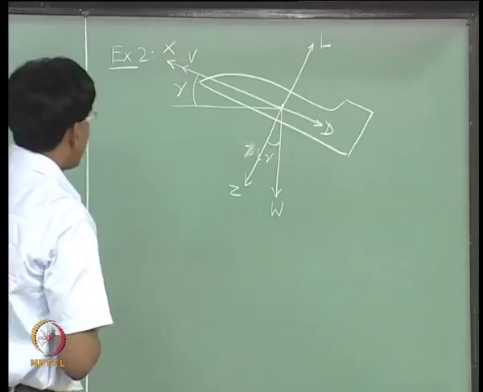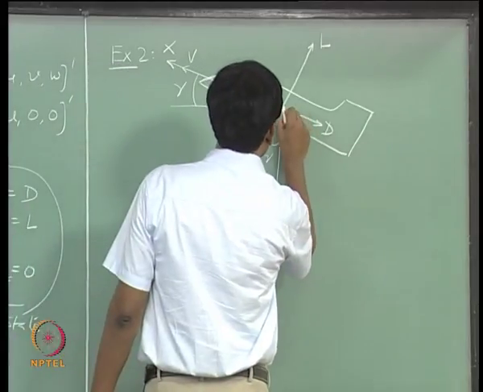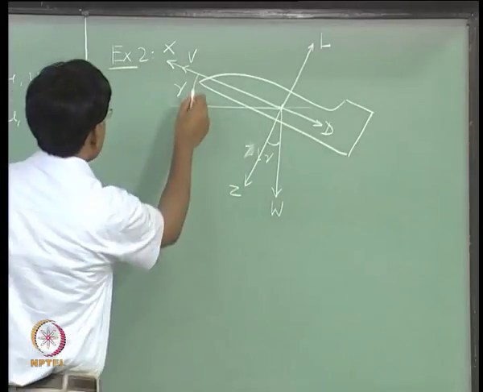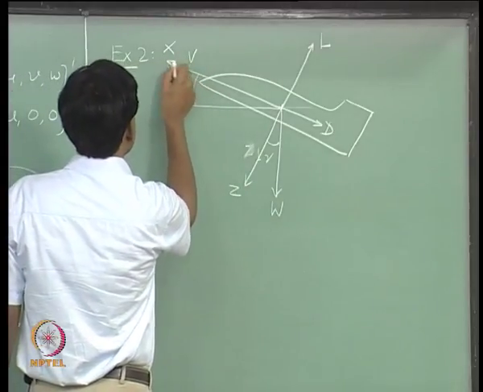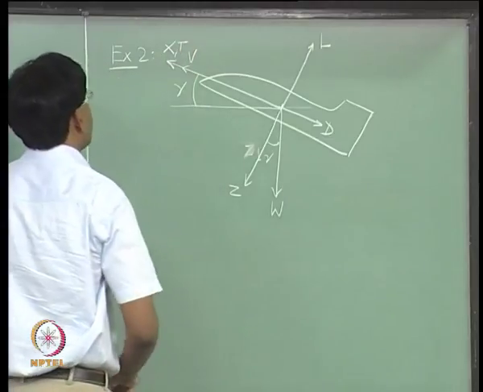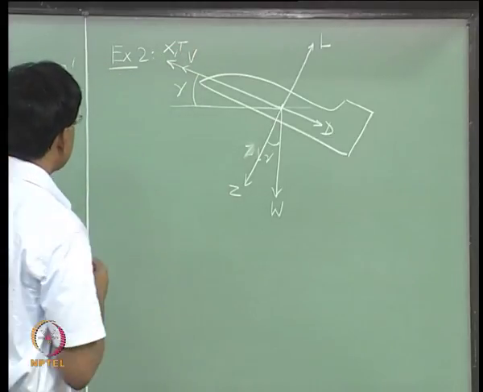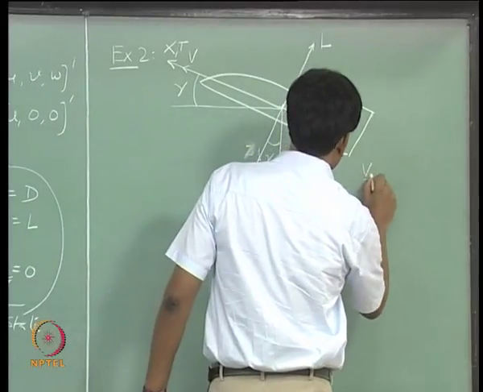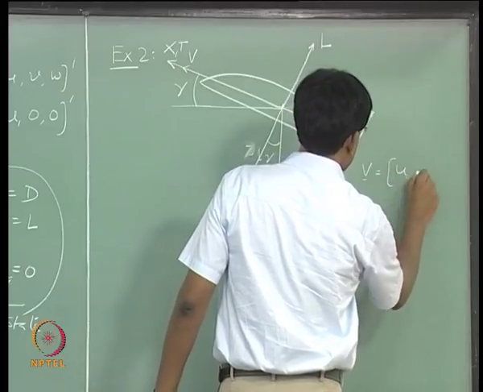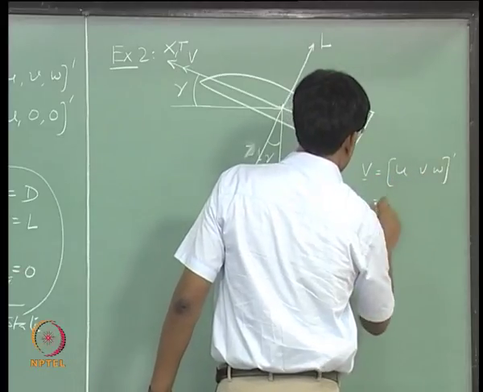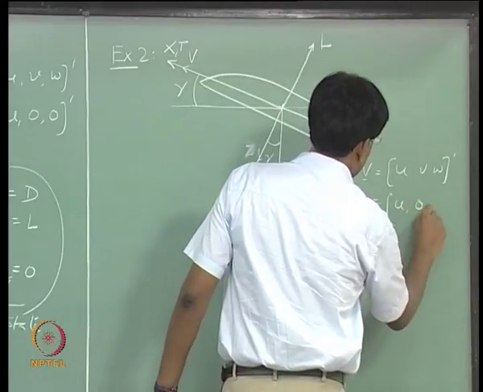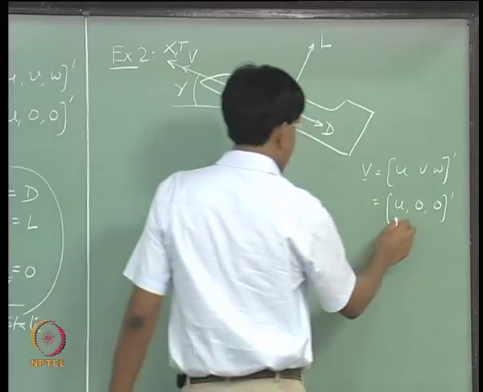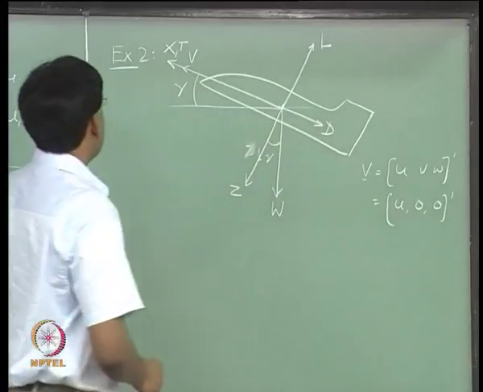Okay. So, let us try to write down the components of forces acting along the x and z direction. We will again assume that thrust is acting along the x axis of the aircraft, and V is this velocity vector, which again has only the velocity component in the x direction.